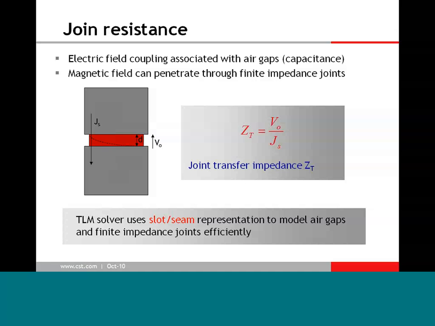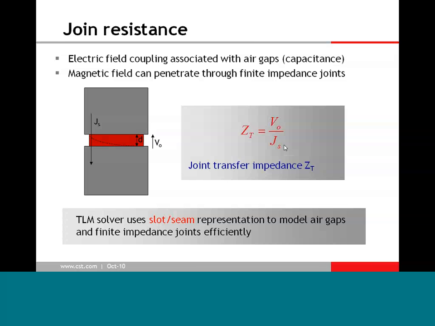So for some kind of current flowing across that joint, we will develop a voltage across the joint, and the relationship between the current and voltage is the transfer impedance. And in the studio, we can define a joint transfer impedance directly, okay, and apply that to what we call a compact model of a seam.